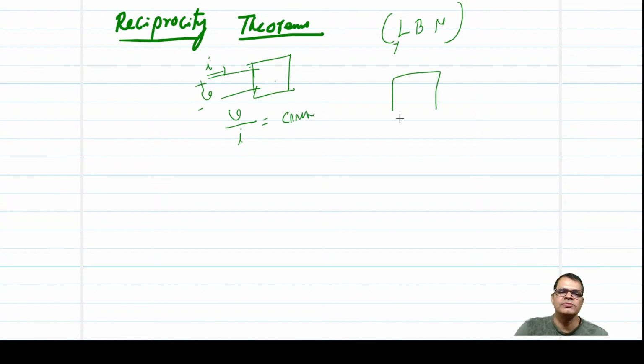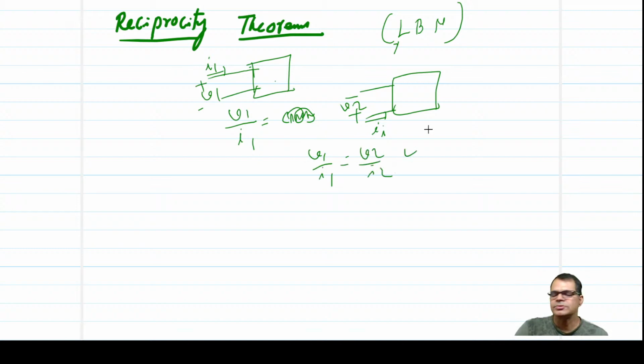Now suppose you reverse the voltage. This ratio and that ratio should be the same. Let us designate V1, I1 and V2, I2. So V1 upon I1 is equal to V2 upon I2. That should be the same.